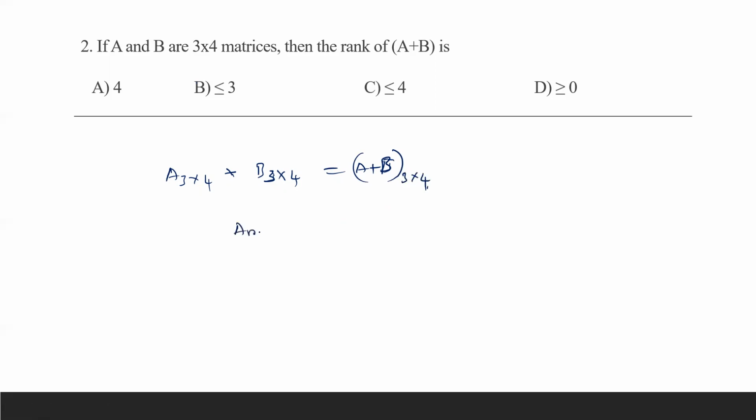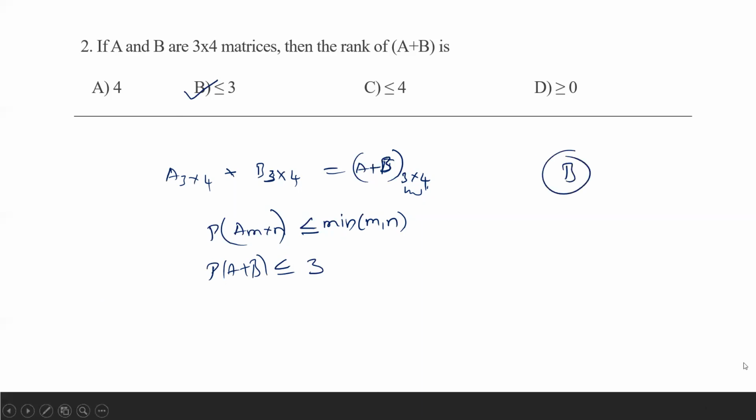When you are given an m by n matrix, the rank of this matrix is always less than or equal to the minimum of m comma n. Since the order of the matrix is 3 cross 4, and the minimum of these two is 3, the rank of matrix A plus B will be less than or equal to the minimum of 3 comma 4, which is 3. That's how the answer for this question is option B. Right? That's how you can answer this.